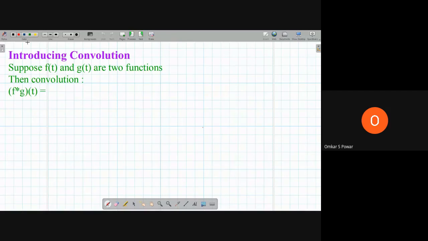Let me now introduce what convolution is and how it is defined. Suppose f of t and g of t are two separate functions.